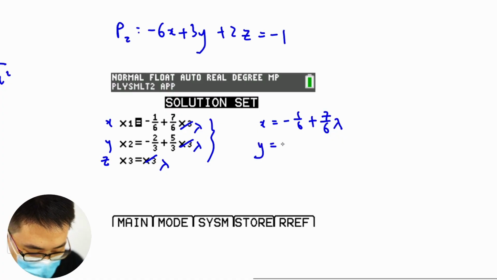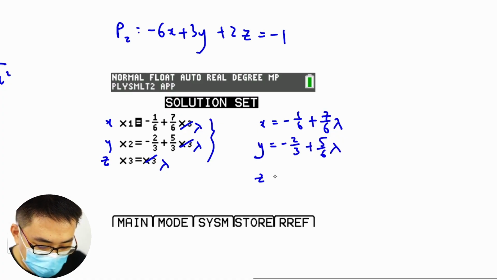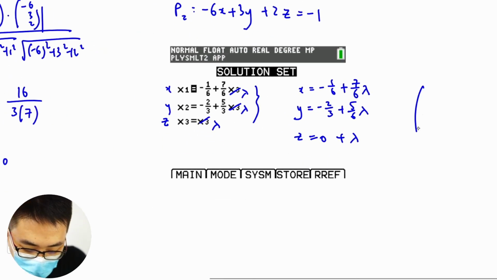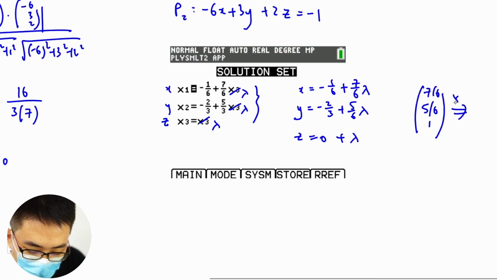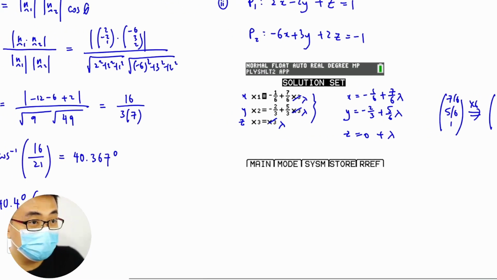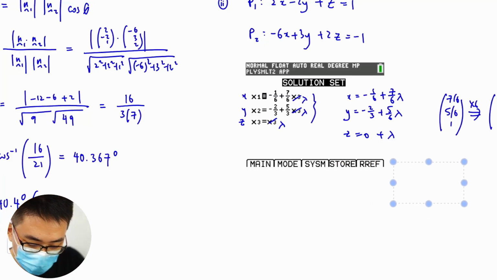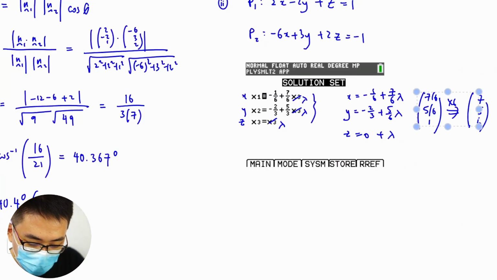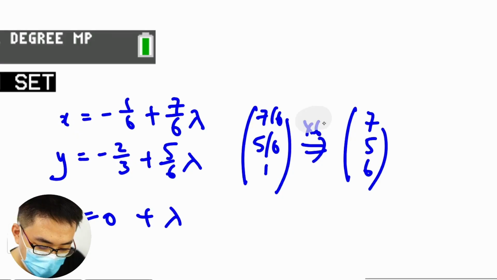You can skip this step, but I'm just going to write it down. The direction vector is 7 over 6, 5 over 6, and 1. I'll multiply by 6 because I don't want it to be a fraction.